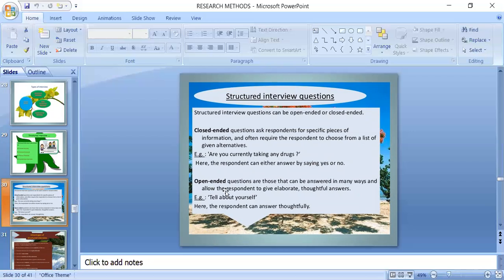Open-ended questions are questions that can be answered in many ways and allow the respondent to give elaborate, thoughtful answers. For example, tell me about yourself.